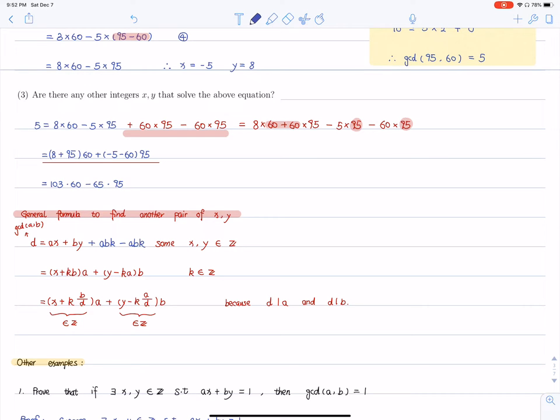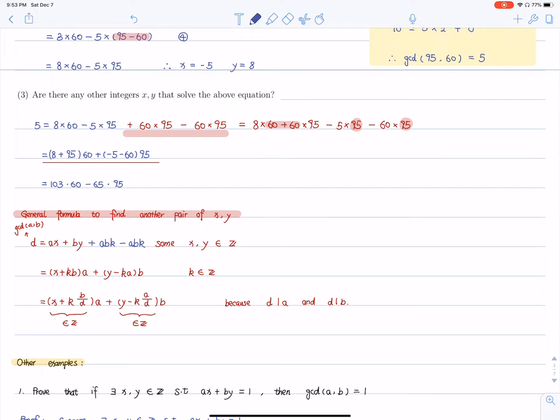The first equation is when k equals 0. If you want to find another pair of x and y, you let k equal 1, 2, minus 1, minus 2, such things, so that eventually you'll get another pair of x and y.